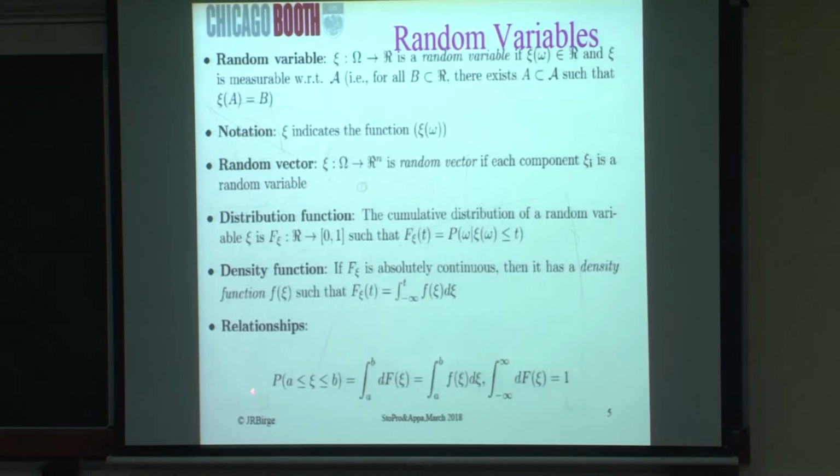So it's that subset of the omegas. What probability is assigned to that subset of the omegas that gives us a C of omega between a and b? And you can write that different ways. You could say the integral from a to b of dF of C, or the integral from a to b of f of C when it's absolutely continuous.